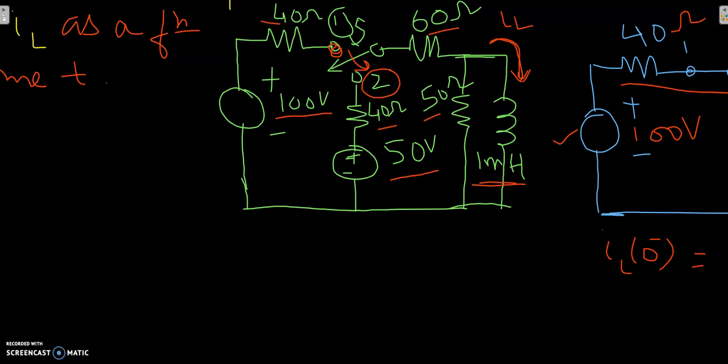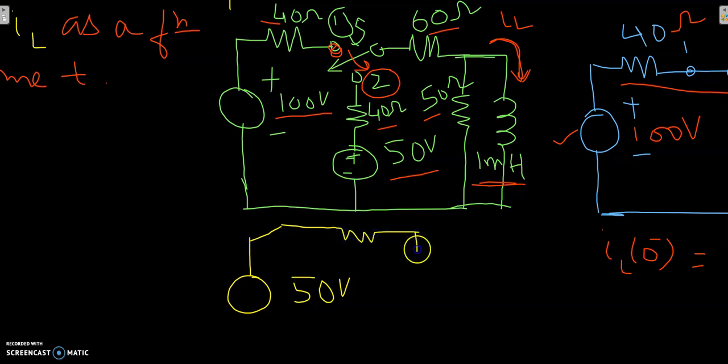Let me redraw the circuit again. 50 volts, and this resistor is 60, then this is again 50, and we have this inductor. There is a 40 ohm resistor here also.